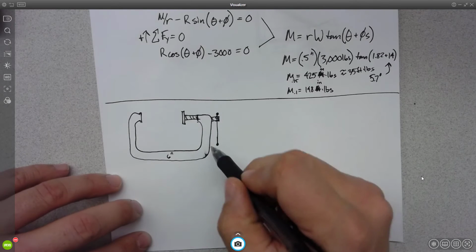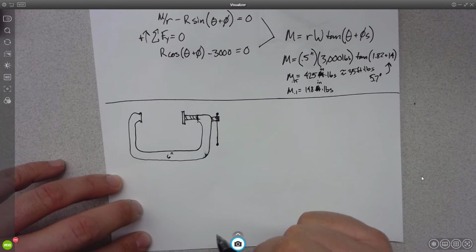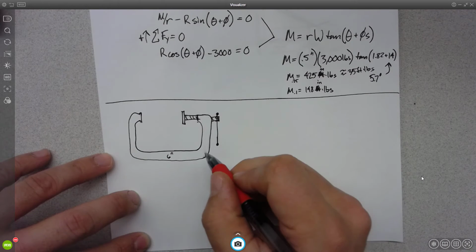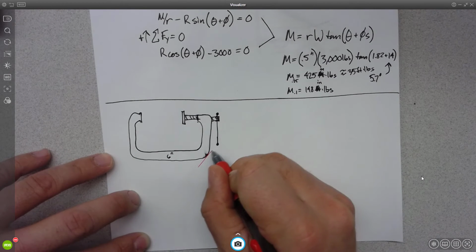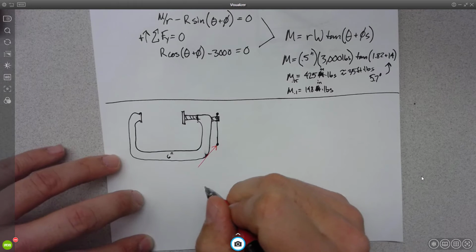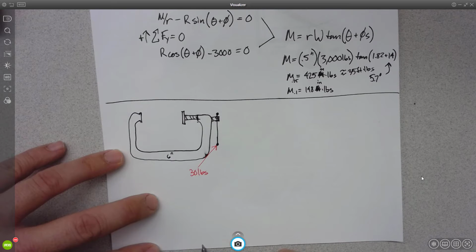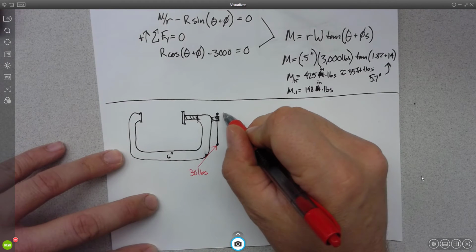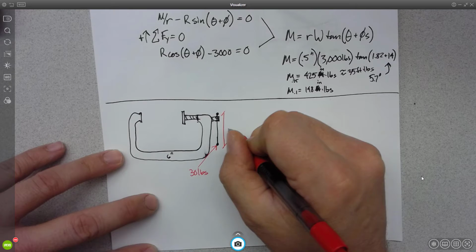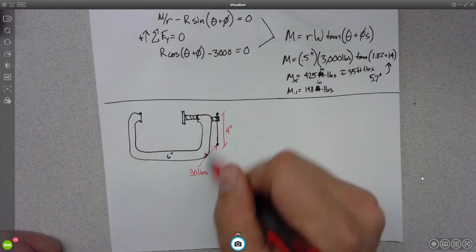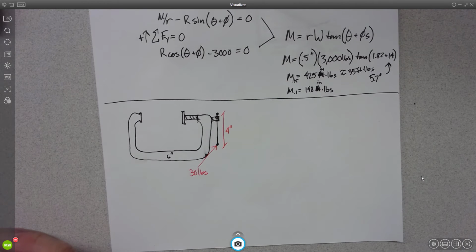Okay? What is going to determine how hard I can smash here? Yeah, the screw. What else? The pitch. Okay, so the threads per inch. And I'm going to say that I'm going to apply a load of 30 pounds to this here little lever. Okay? And that lever, I'm going to say, is 4 inches long. So the length of my lever there matters for how hard I can squish.